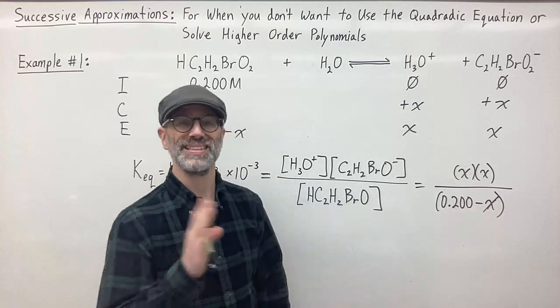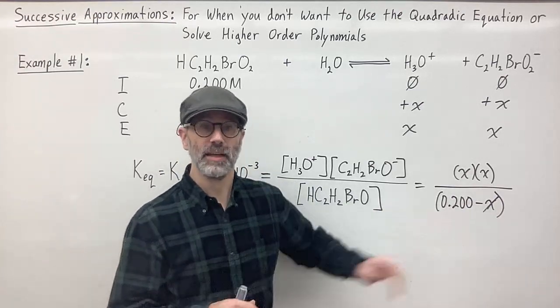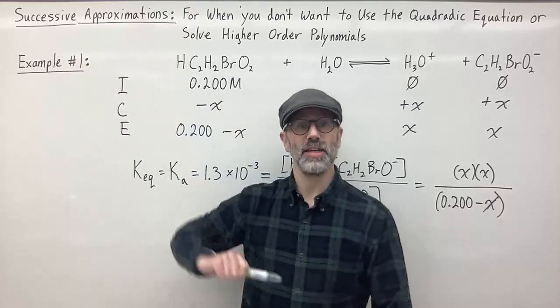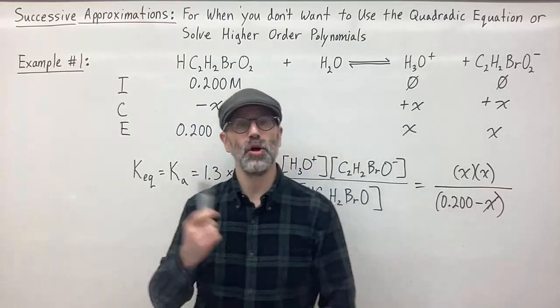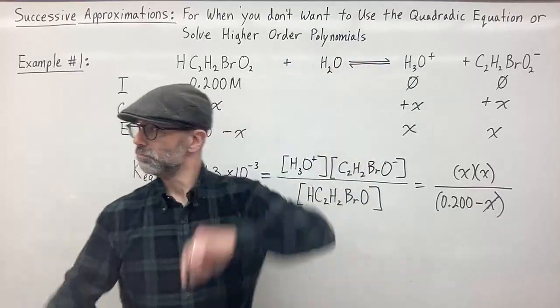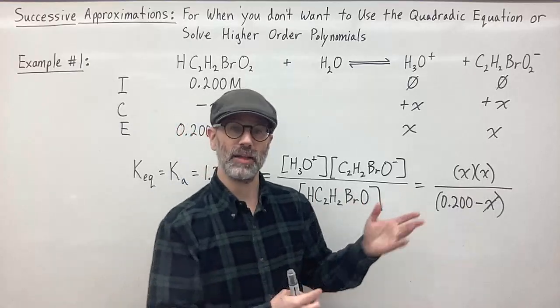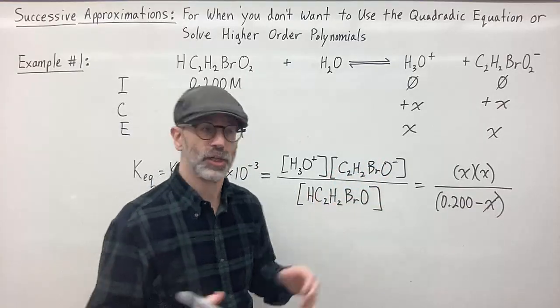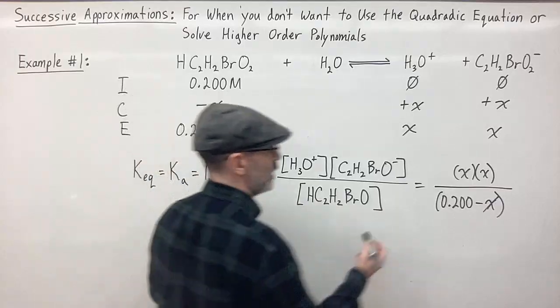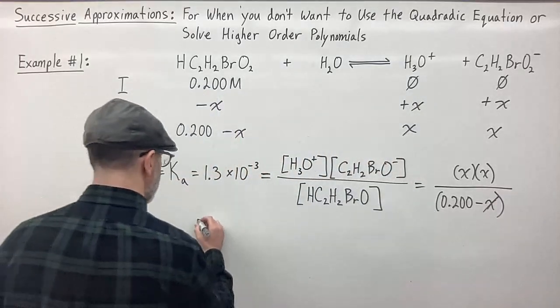But if it doesn't pass, you've already done the first step that's required in the method of successive approximation. So you've already done the first step that you're going to do anyway for this method, right? And if it turns out to be valid, then you're already done. You're good. Okay, so we're going to assume that X is negligible, and so we'll solve for X.